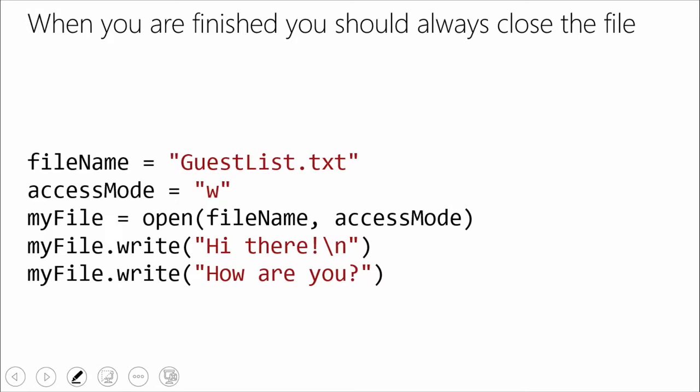Cool. Now, the last little thing is this. One of the things you're going to be talking about later on is error handling. What happens if something goes wrong? Things can wind up going wrong, and if a program crashes, it could wind up locking up the file and not releasing that handle.